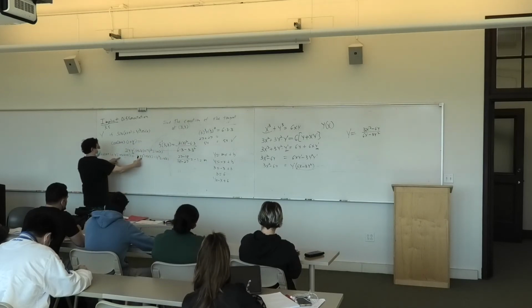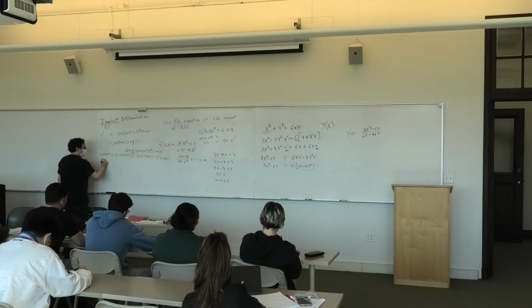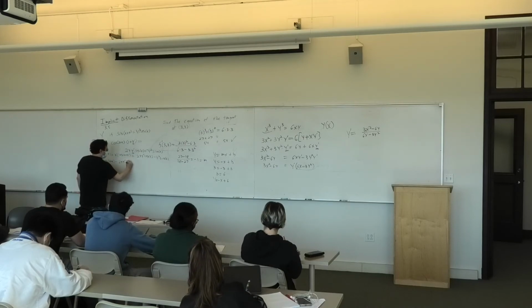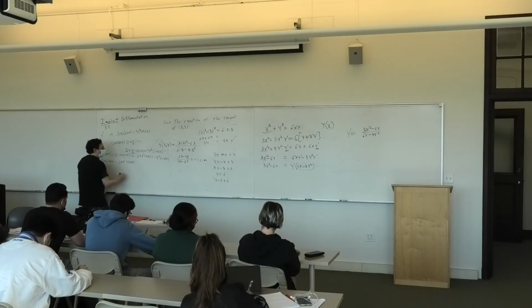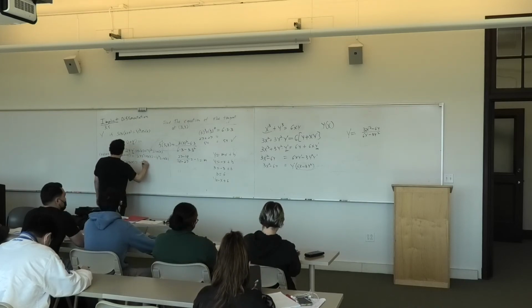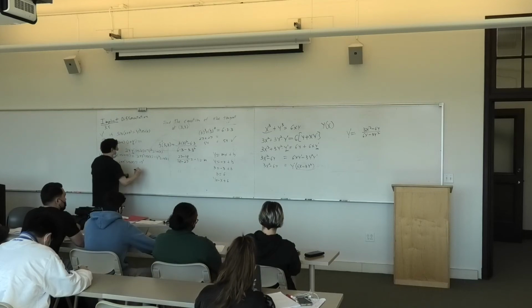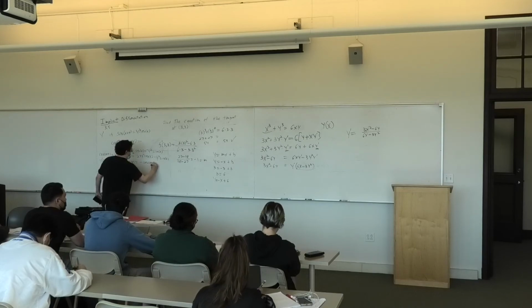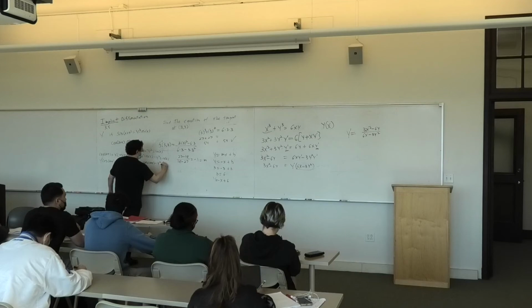And we want to put these two on the same side, and everything else over there. So we have y prime cosine of x plus y minus 2y, y prime cosine of x equals, two minuses here, minus cosine of x plus y minus y squared sine of x.